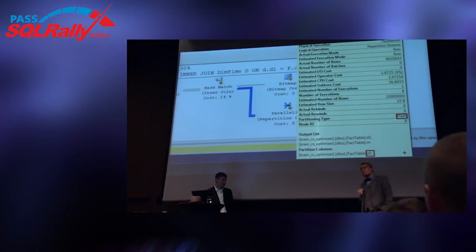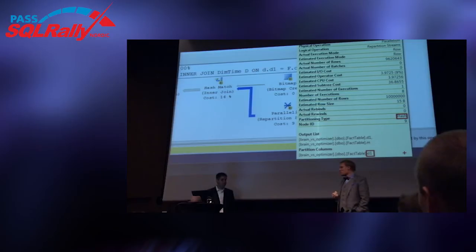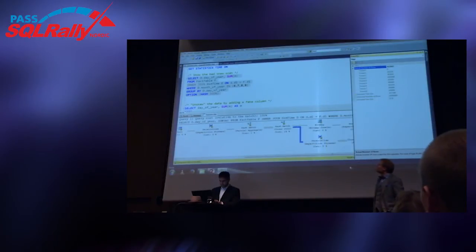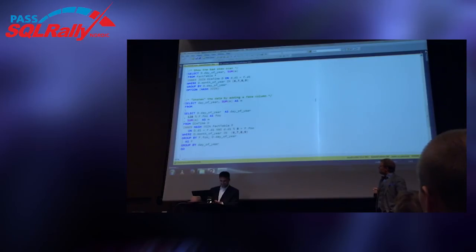This is not a plan that favors large machines. This is a plan that favors small machines. We can do a little about it. There's an example here of how we could rewrite this plan. This is not a good solution, but it illustrates the principle.